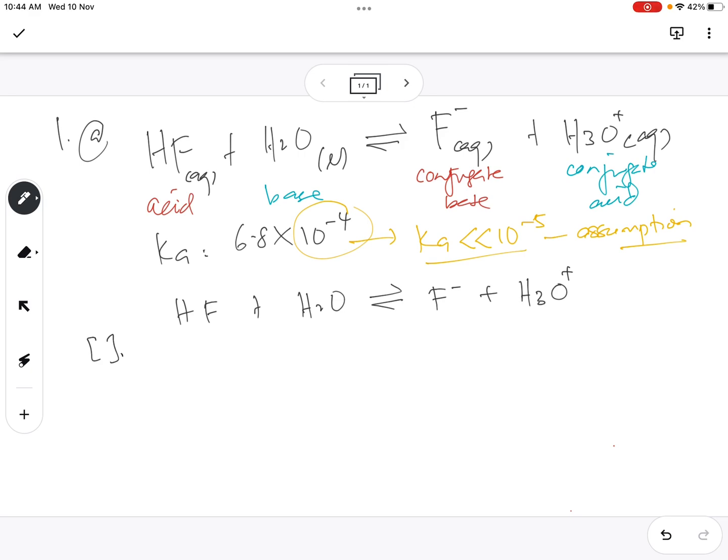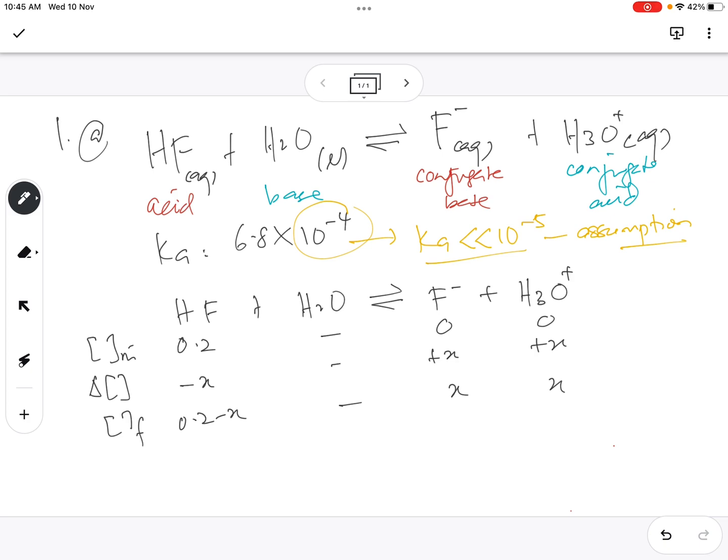Initial concentration: we already know 0.2, and these two have none, they are empty initially. Changes in the concentration: here we use minus X, none for water, plus X, plus X. Then final concentration: 0.2 minus X, none, X, X. Okay, can follow so far? You can look at the Jamboard.